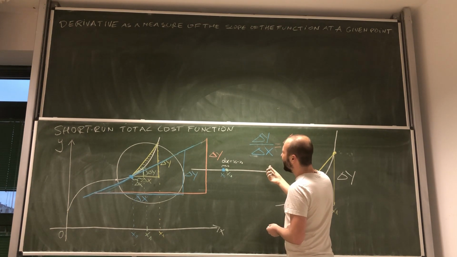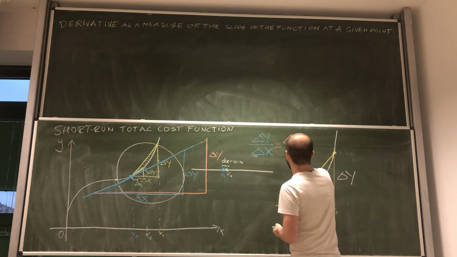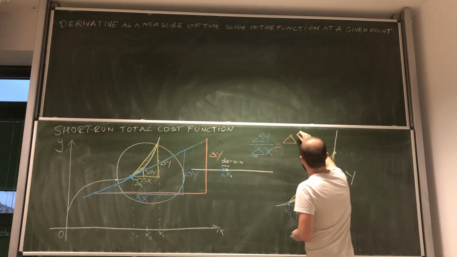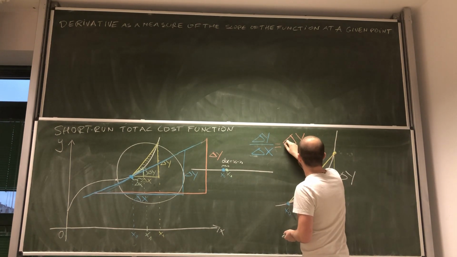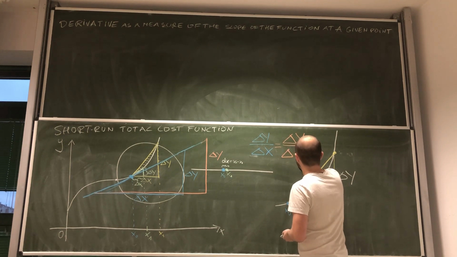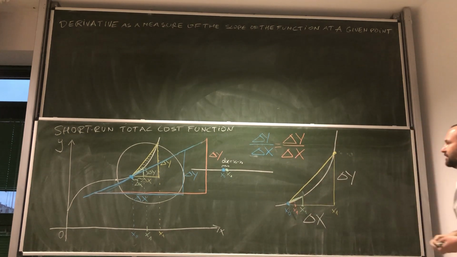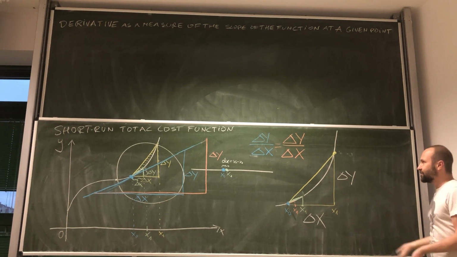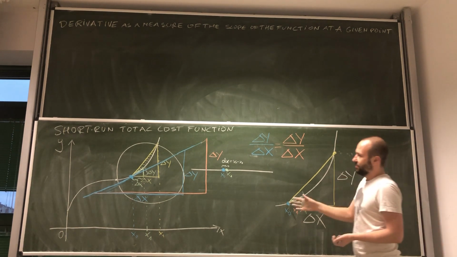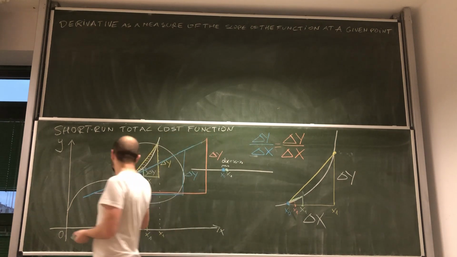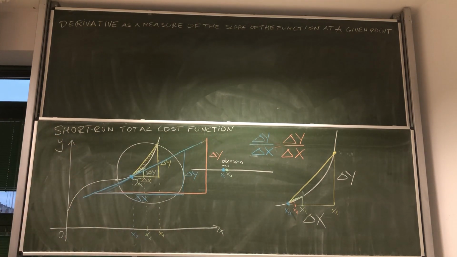If you're gonna take this, which is either pink or red, okay, I'm gonna say pink, this is by pink delta y over pink delta x. So look, actually, we would get here exactly the same outcome.